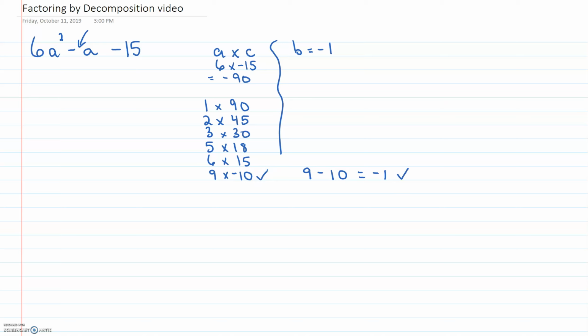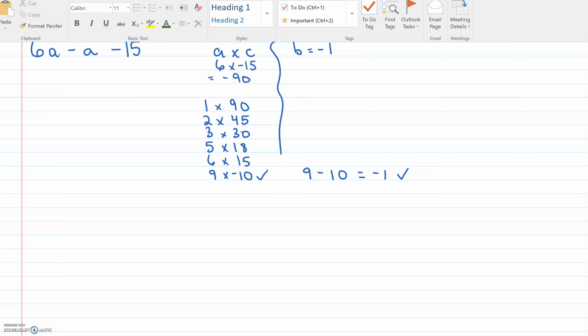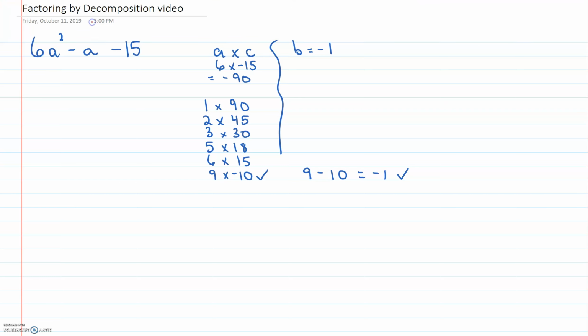That part you should be fairly comfortable with. This next part is what I think students struggle with. What you need to do now is decompose the middle term. Our middle term in this case is negative a, and I'm going to put it in red so you can see it. If I decompose negative a, I want the answer to still be negative 1a. We have two numbers here, 9 and negative 10, which does give me negative 1.